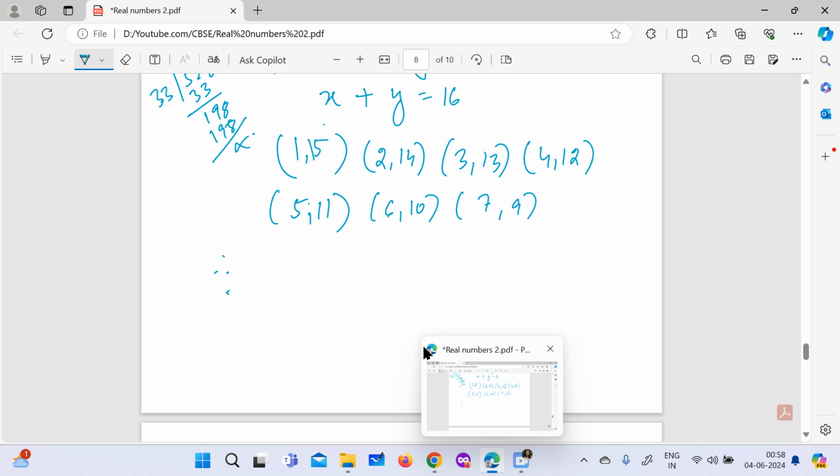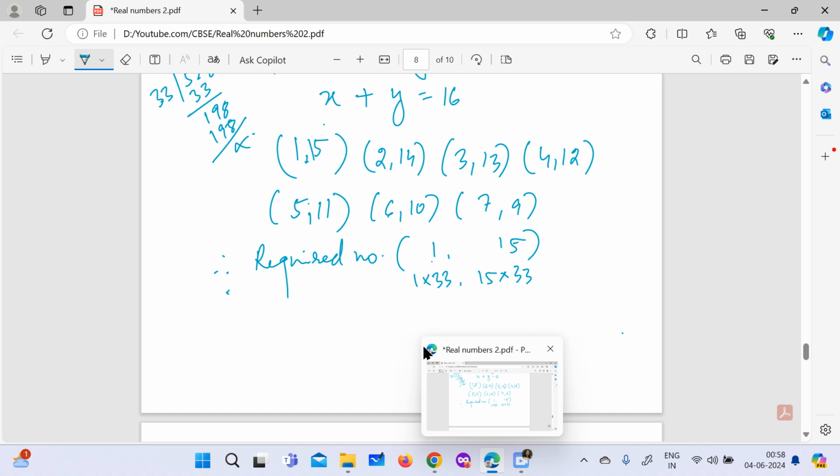So your required numbers will be 1 and 15. If you take 1 and 15, since the HCF is 33, it will be 1 times 33, and then you will have 15 times 33.